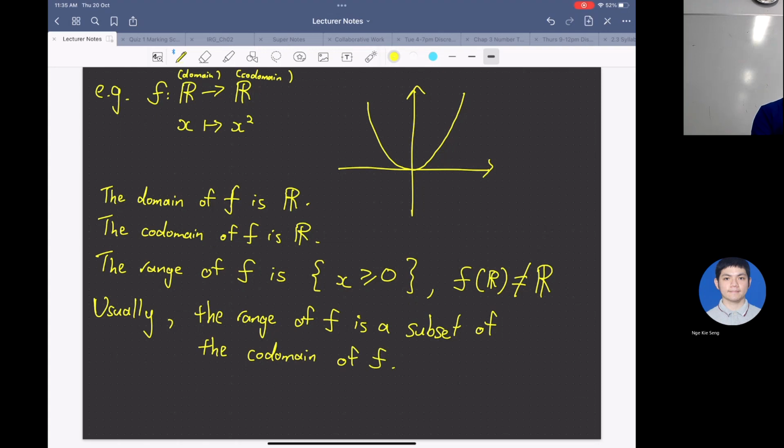In this case, it is a subset. If they are equal, then we call it onto. So F is onto if the range equals the codomain. Usually it's a subset, and this is the relation between the range and the codomain.